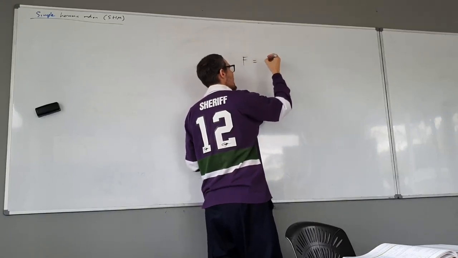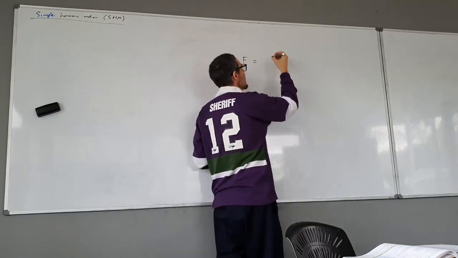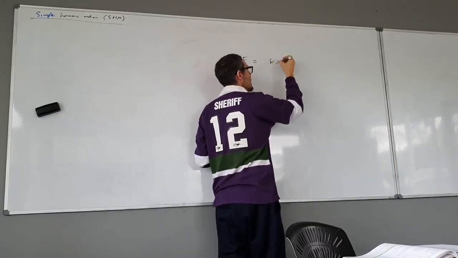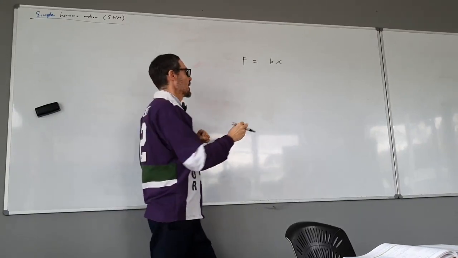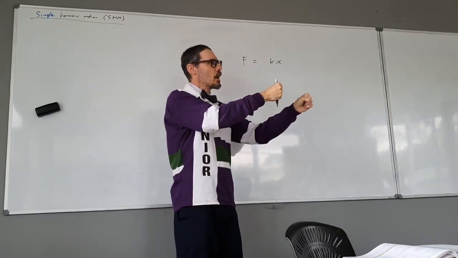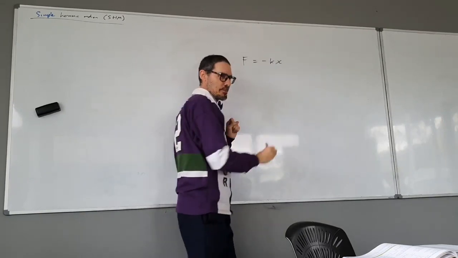So for a spring, the force, called the restoring force, is proportional to the distance you have displaced it. Except if I'm pulling it out, the force goes back in, so it's negative.